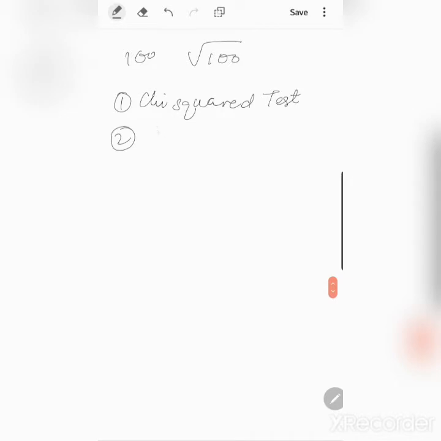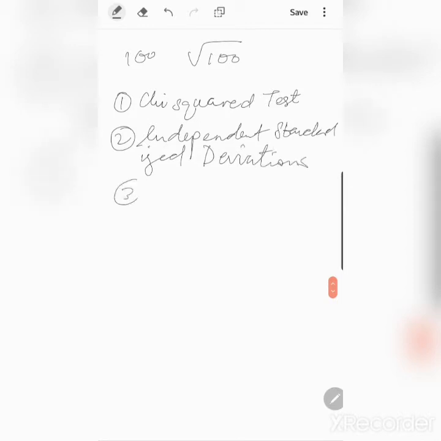That's where we went with the independent standardized deviations test. Then we also looked at the signs test. And now we're looking at the cumulative deviations test.